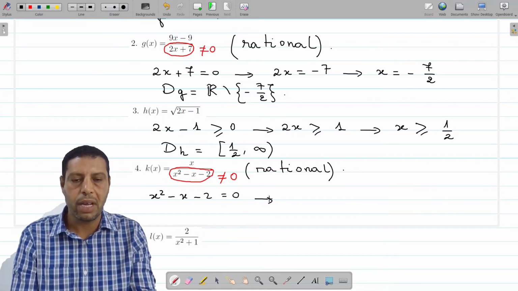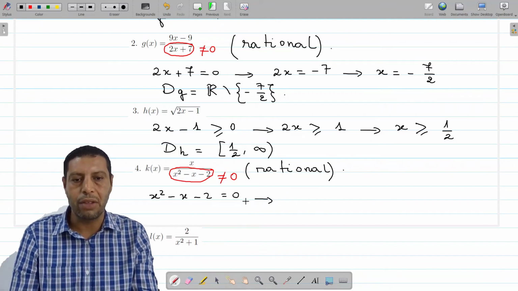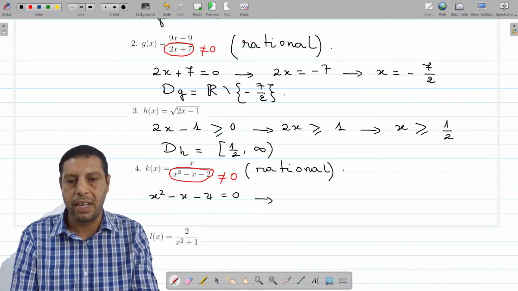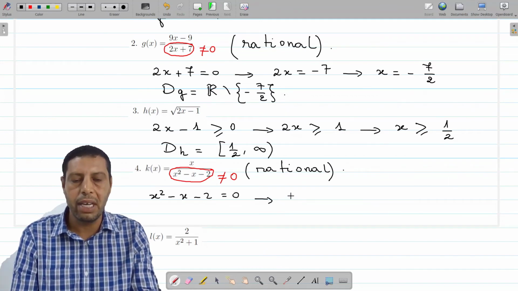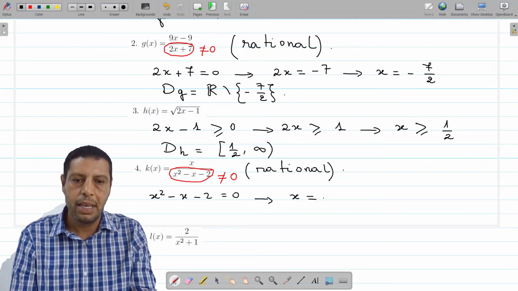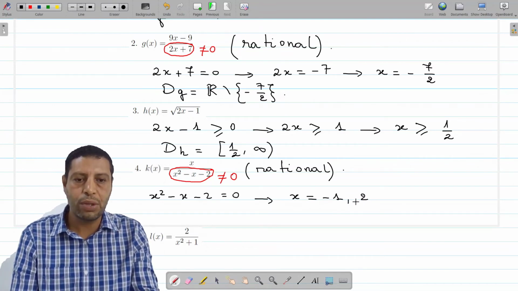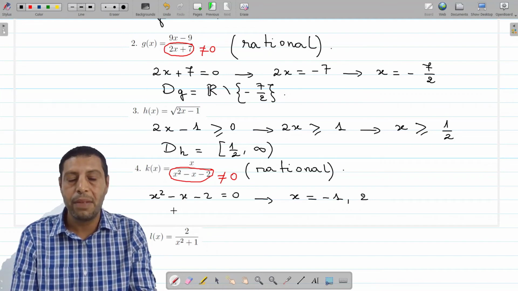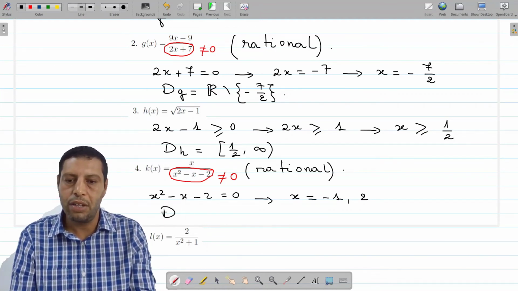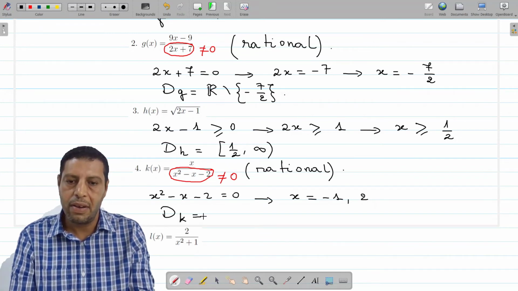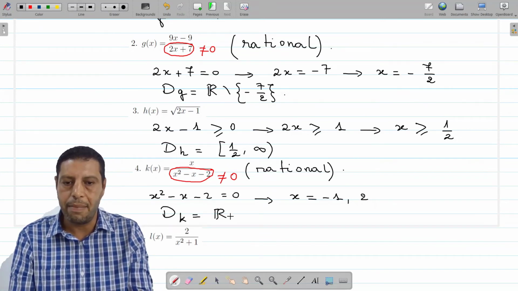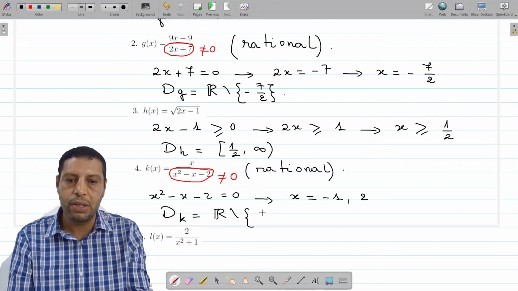You can use any method which can solve a quadratic equation like this, but my recommendation is to use a simple calculator and you will get x equals negative 1 or 2. So these two solutions have to be excluded from the set of all real numbers for the function k. So the domain of the function k is the set of all real numbers except those two values, which are negative 1 and 2.